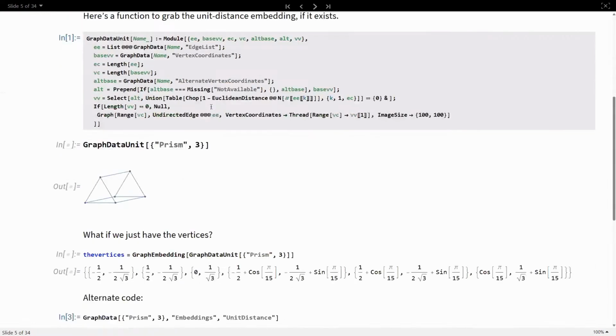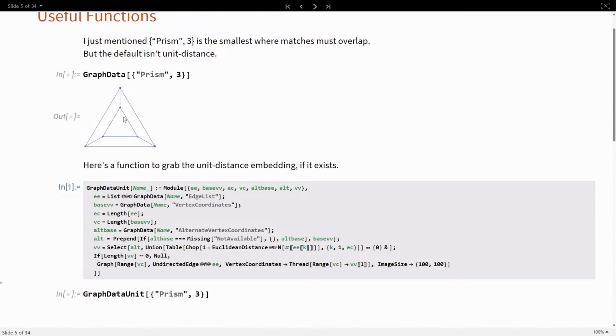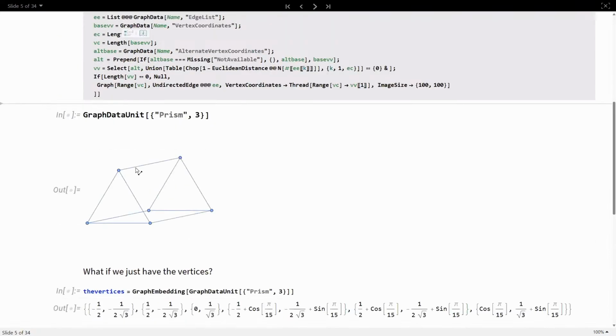So I came up with a function to find the unit distance embedding when we had it, and here's what that matchstick graph looks like. It's a way of joining 9 matches, but to make this figure, you'll need to have at least one overlap somewhere. You can't get to this planar case with all the edges having the same length.